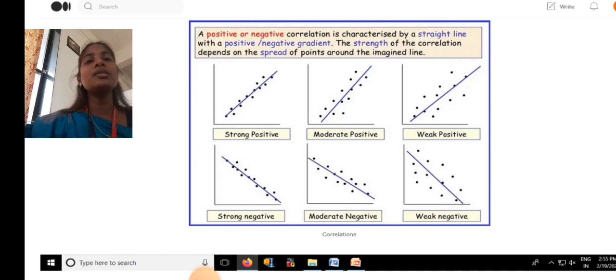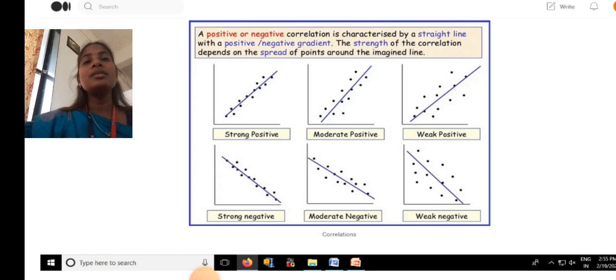So how is it plotted? With the help of the dotted points we can draw one imaginary line. Based on that, we see whether the dotted values are nearly close to 0, or nearly close to +1, or nearly close to -1. Based on these three values, we can say whether it is positive or negative.